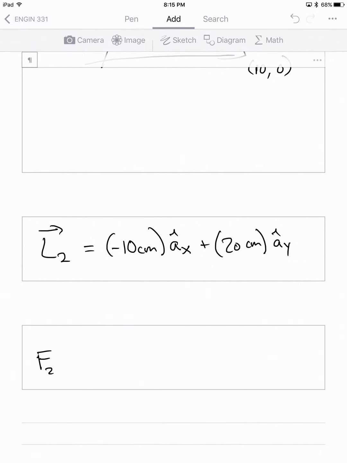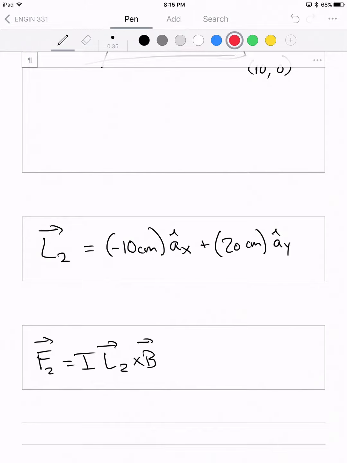The force on side 2 is equal to the current times L2 cross B. B being y-directed, we don't get any contribution from the y component of L2. Oh, I didn't want that to disappear though.